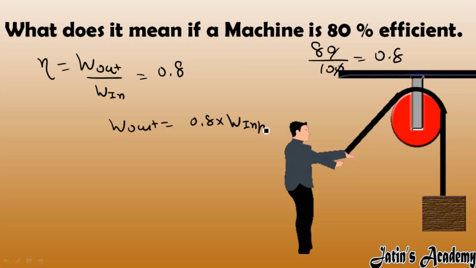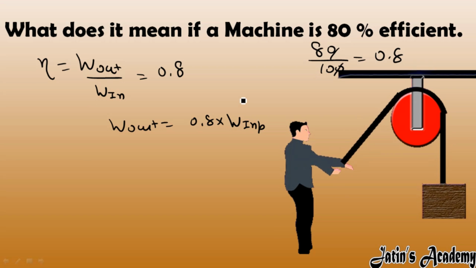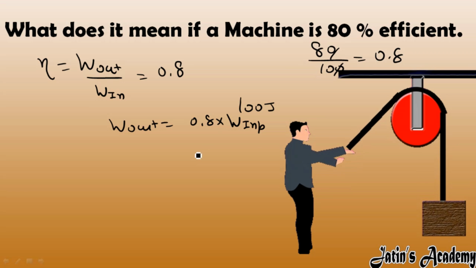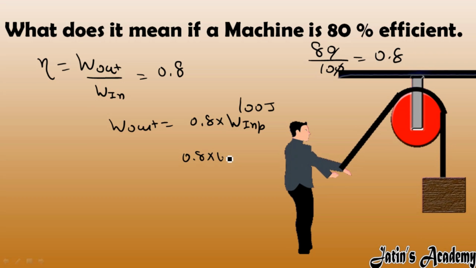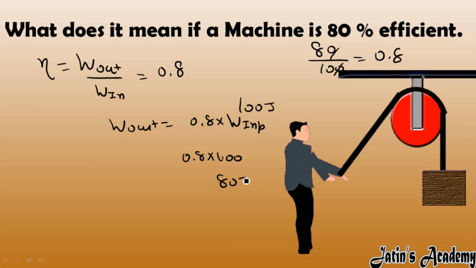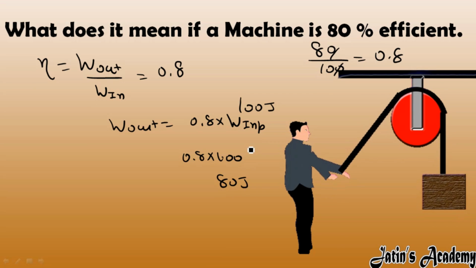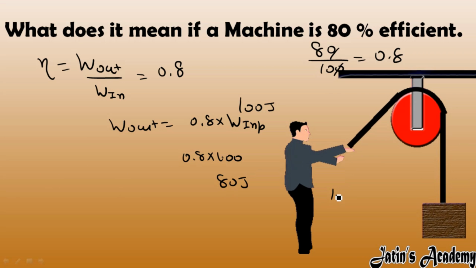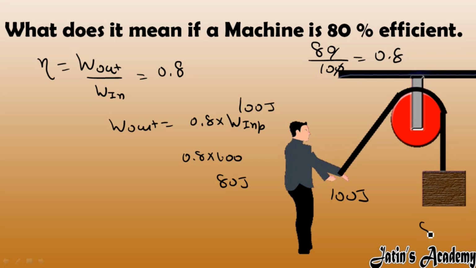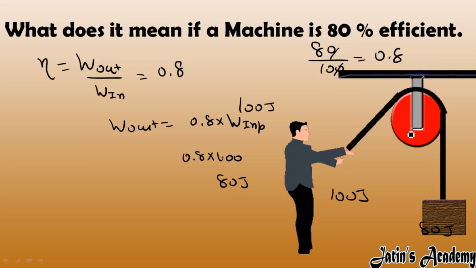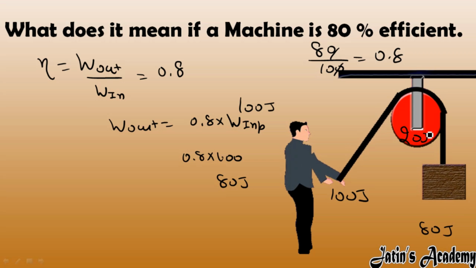It means that if you give 100 joule of work to a machine, you will get only 80 joule of work at the load point. Clear? So where is this 20 joule gone? Where you give 100 joule, you get 80 joule. This 20 joule goes into the pulley as losses.